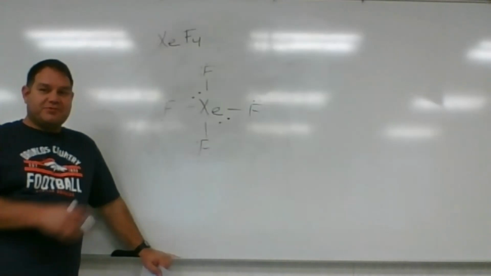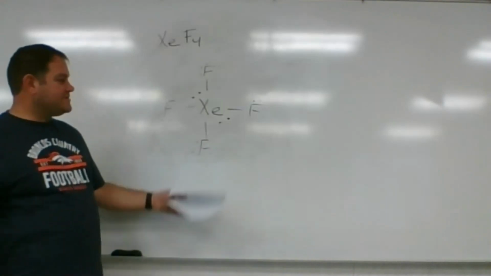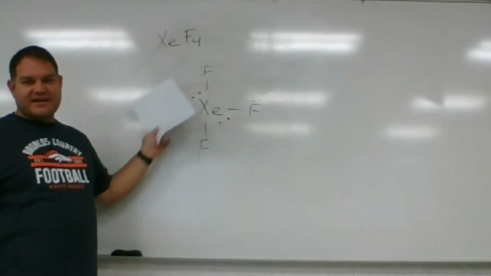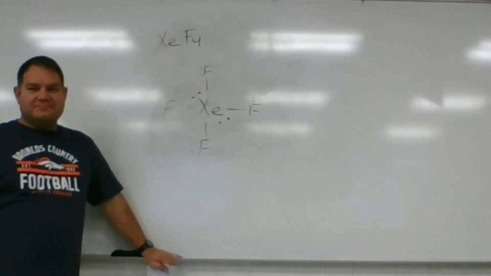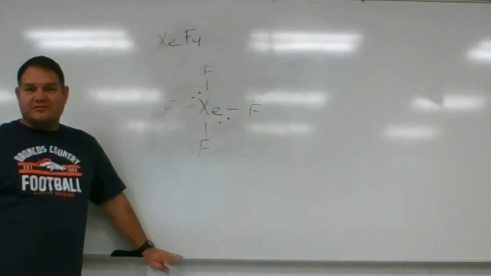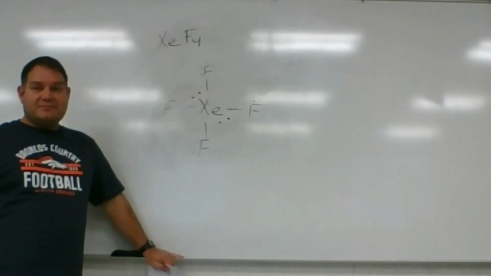Remember though that the square planars here are going to be nonpolar, okay? Even though they have those lone pairs. This is that 1% usually that kind of doesn't go along with our lone pair idea, okay? So there we go.